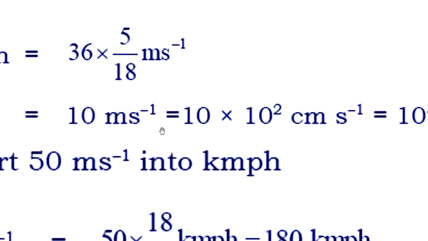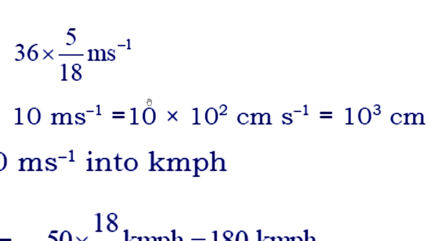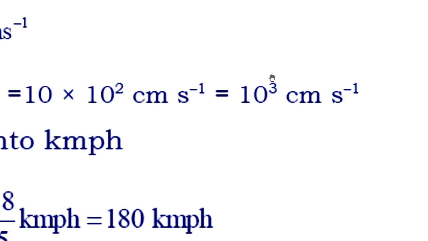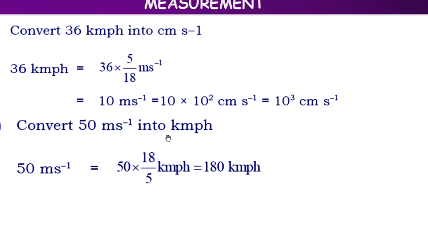But 1 meter equal to 10 square centimeter. In the place of meter, we can write 10 square centimeter. Second, we will keep like that only. So 10 into 10 square means 10 power 1, 10 square, 1 plus 2, 3. So 10 cube centimeter per second.